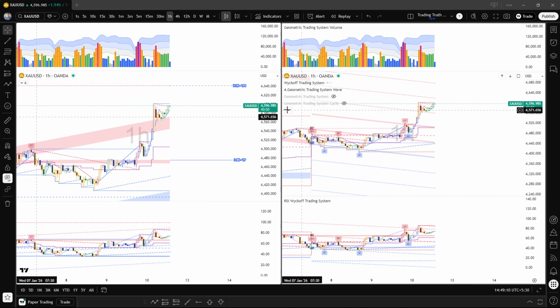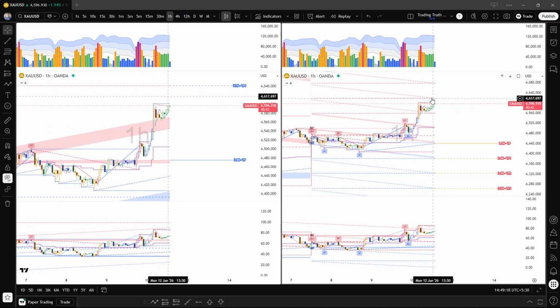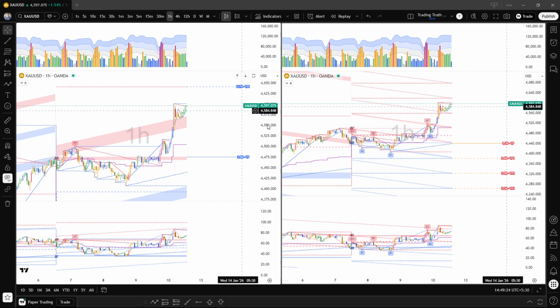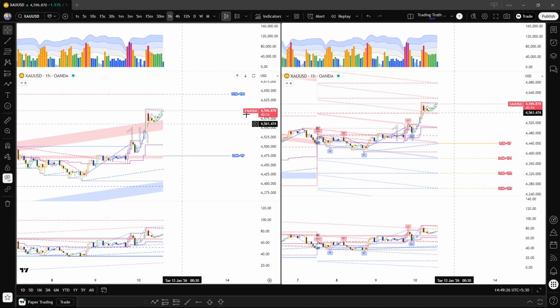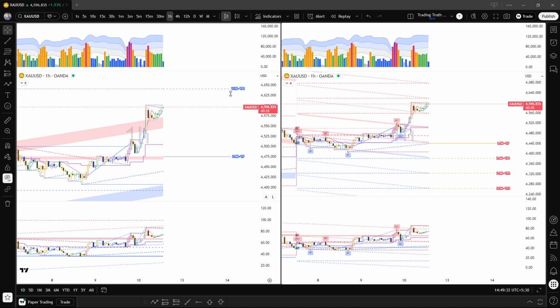See, it hit target there. It's going for the second target, and then this trend line is coming down as well. Yeah. Well, nobody is breaking above this trend line. We expect the market to go till this point, 4639.